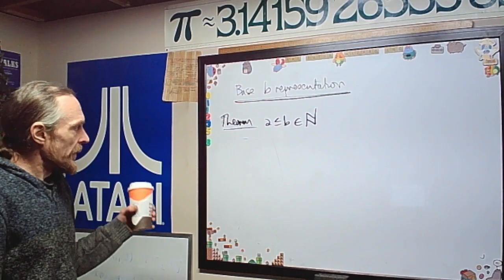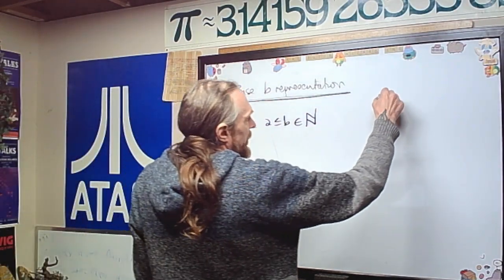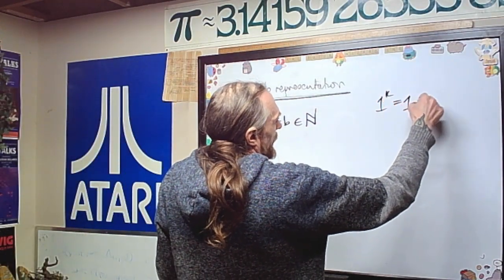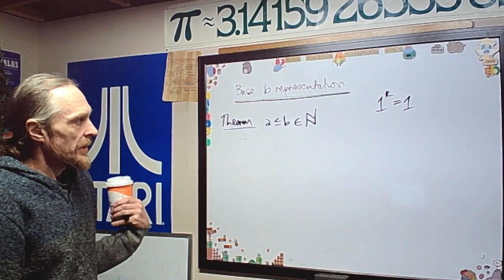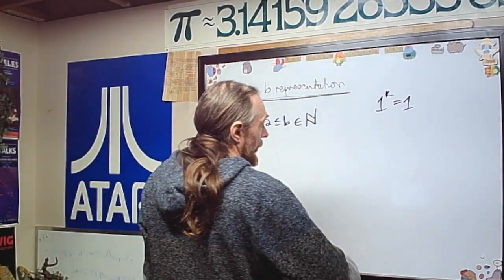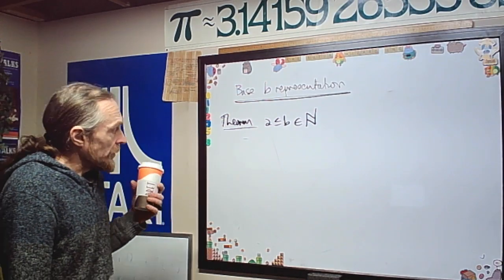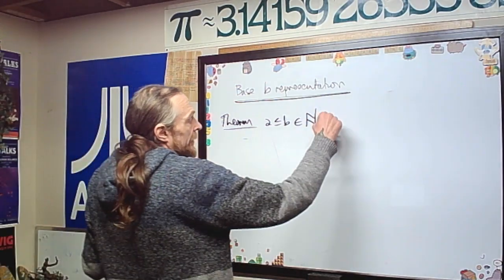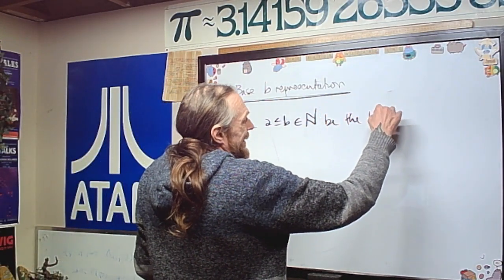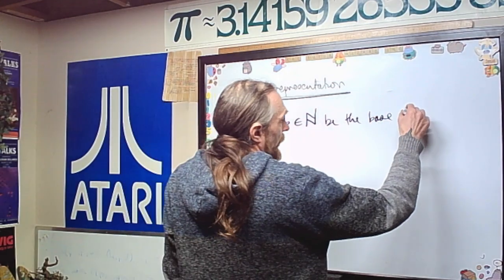We can't use the number 1 because 1 to the k is always 1 for any k, so the powers won't grow. However, if I use 2 or larger, let B be the base for representation.